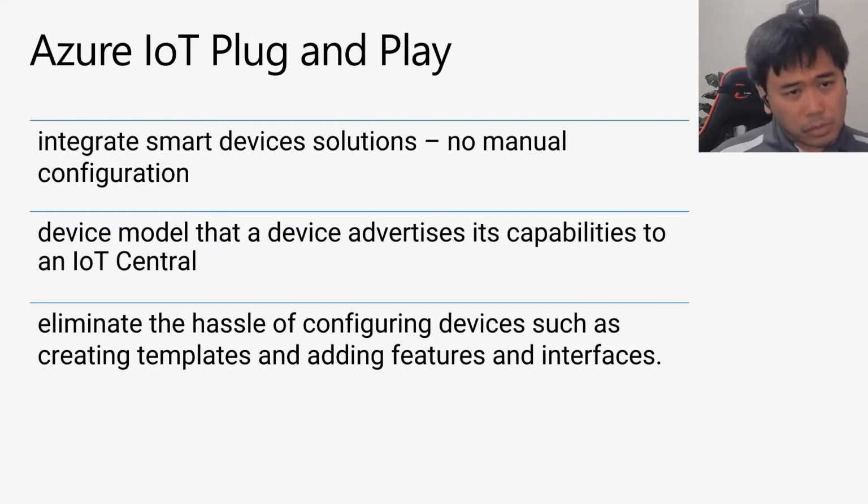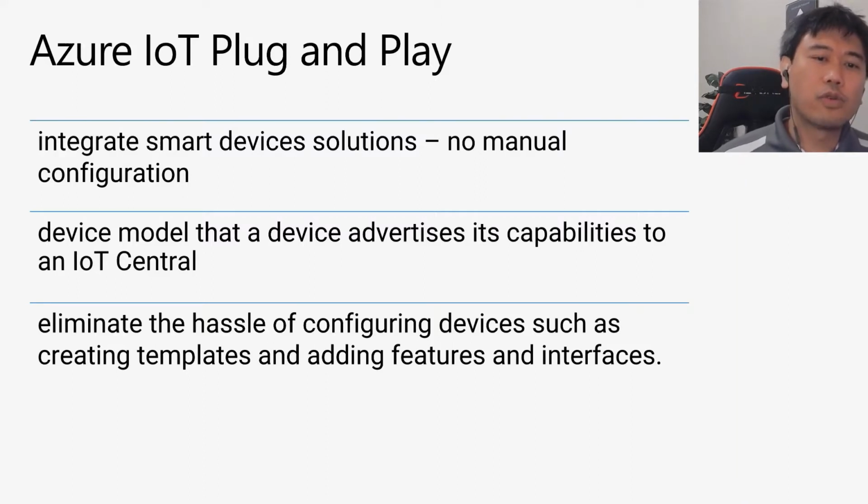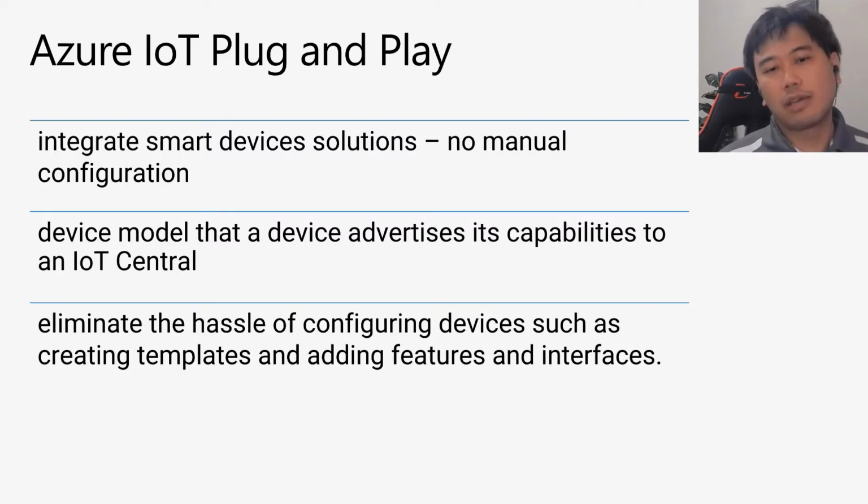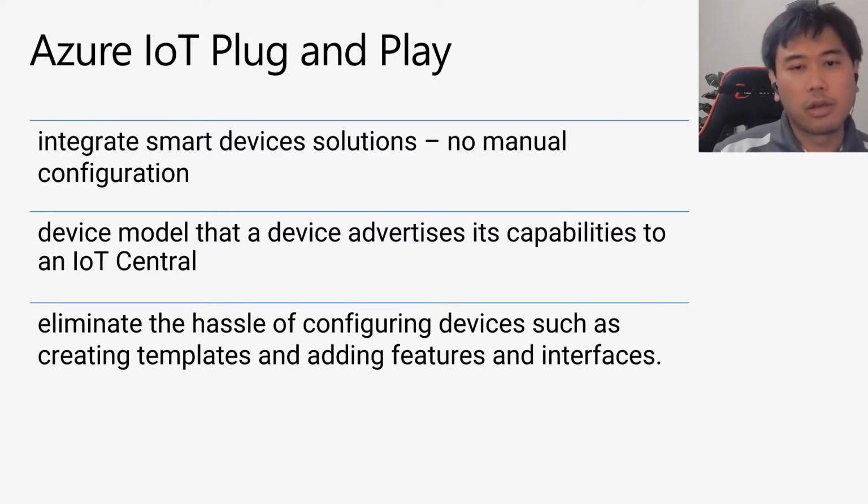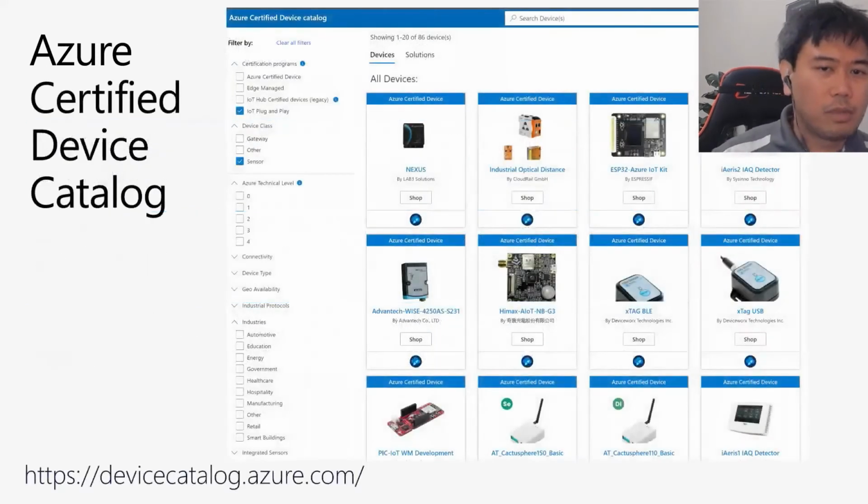And then this device model advertises its capabilities to IoT Central and eliminates the hassle of configuring each one of these devices by creating templates, adding features, and the interface. We'll give a little bit of an example later on.